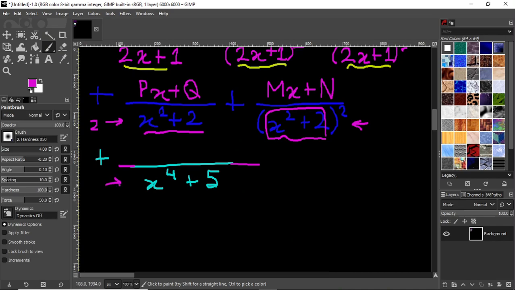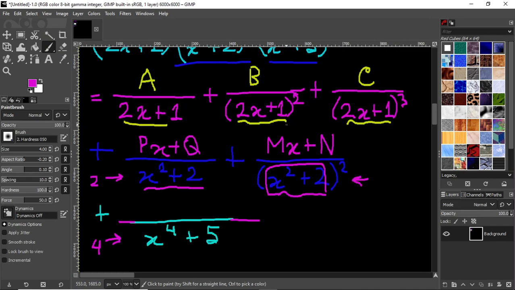We also have this remaining one. This is a 4th degree polynomial, so we're going to have a 3rd degree numerator here. I'm almost running out of alphabets. So A, B, C, let's use D: dx cubed plus ex squared plus fx plus g.